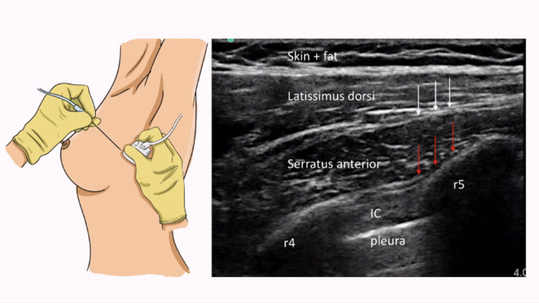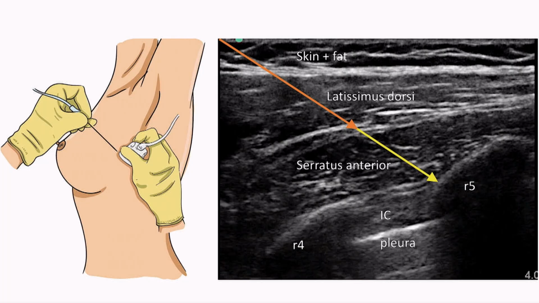Once you do that, inject close to 40 to 50 ml of the volume so that it spreads evenly. What we are going to achieve is these fascial layers will separate like a zip opening. That is what we are going to look for.